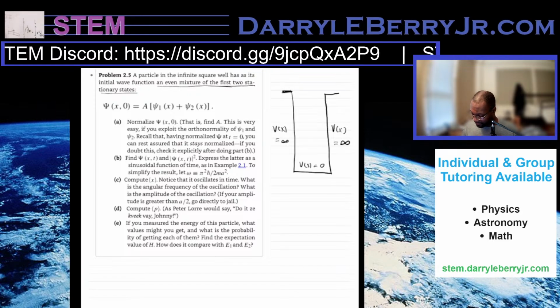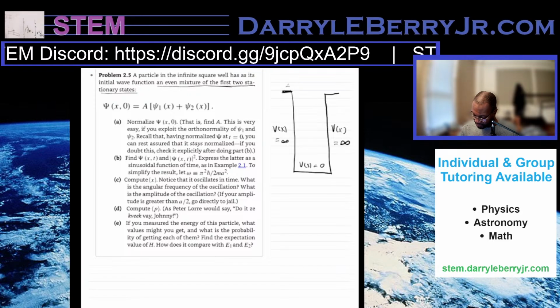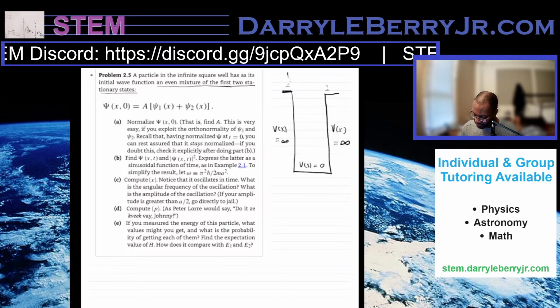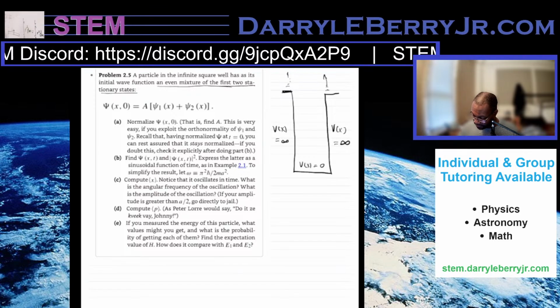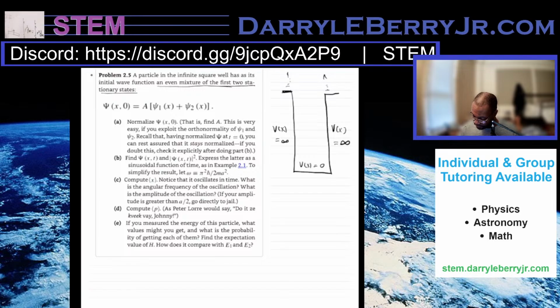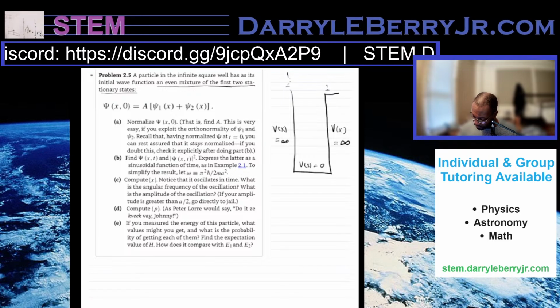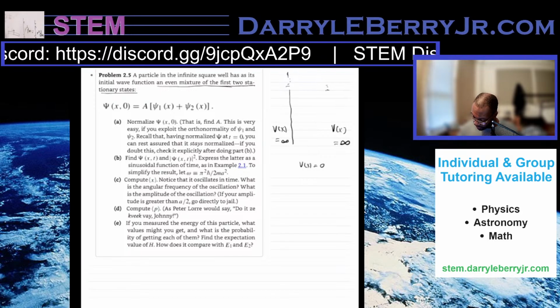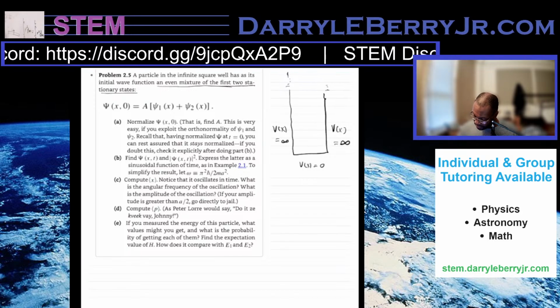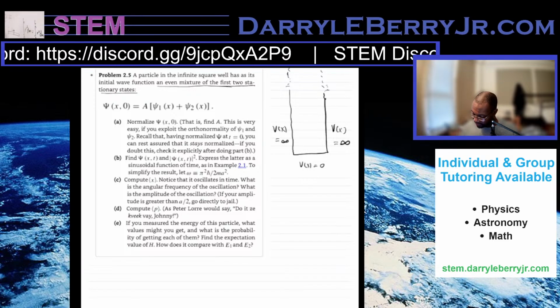So the particle is trapped inside this well. Just imagine this goes up to infinity, where it's too high for the particle to get out. Just draw it like this. Imagine this is going off into infinity.